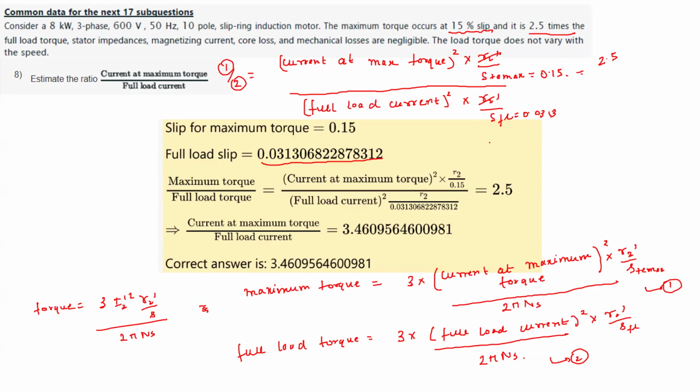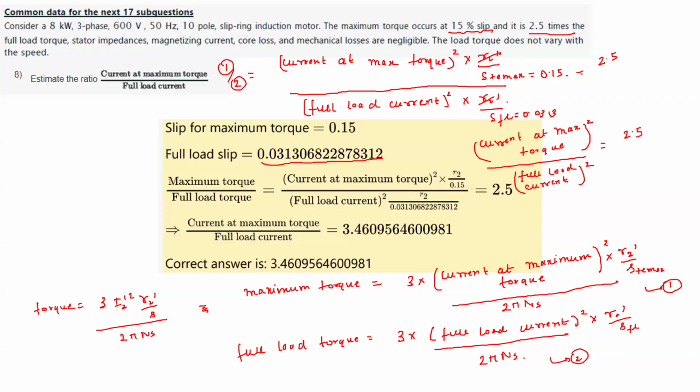So maybe I'll write another step. So here it is current at maximum torque square by full load current square. Now here this will become, you see this is 1 by 0.15.